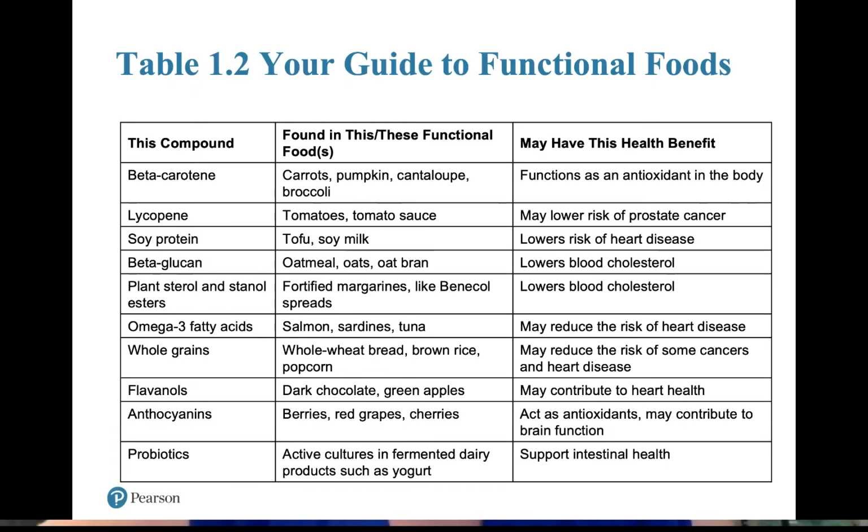Okay, now, I've been saying how these foods can help. So this is a table that's in your book that I want you to just take a look at. These are just a small smidgen of food as function for our body. And so what we're saying here is, for those of you, if there's a male in the audience that's watching this, if you've ever heard of lycopene, which when we're looking at the screen, lycopene over here, may lower the risk for prostate cancer.